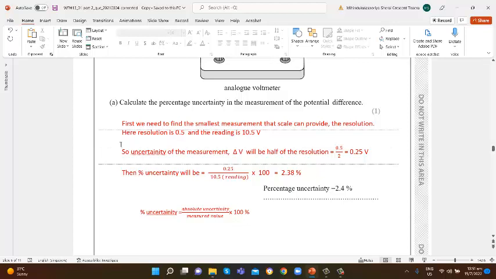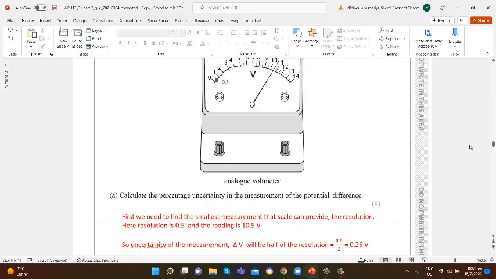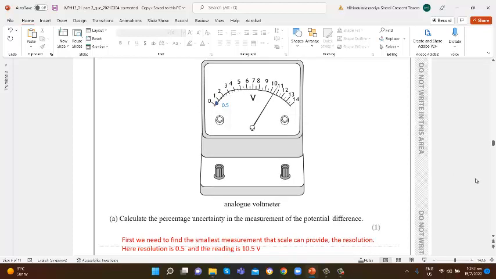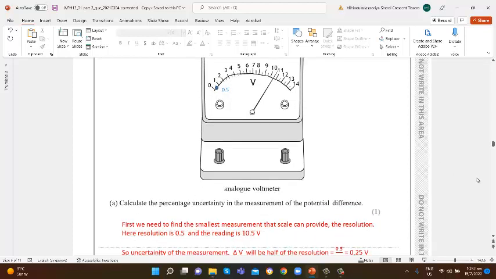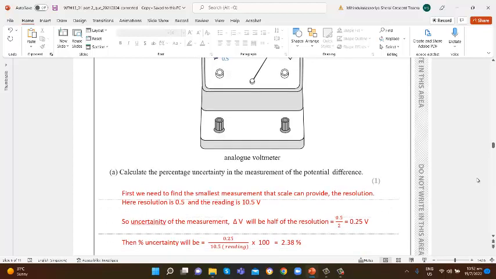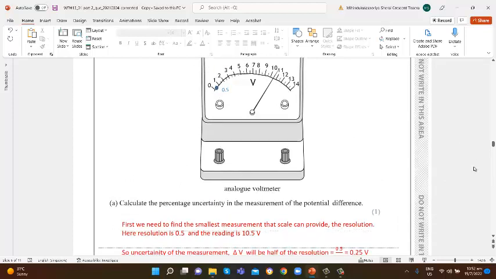So first we need to find the smallest measurement given in the scale, that is the resolution. Now see, it is 0.5. So the resolution here is 0.5, and the reading is 10.5. This is 11, it is 10.5.